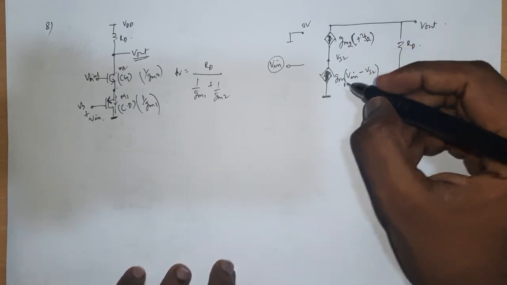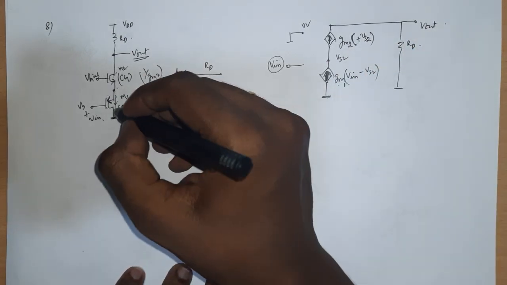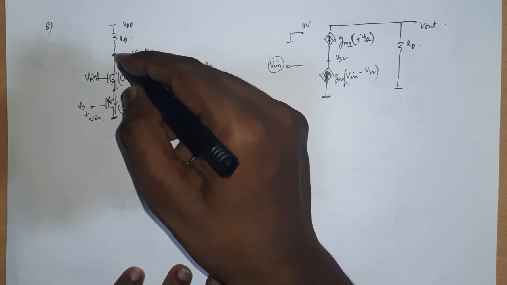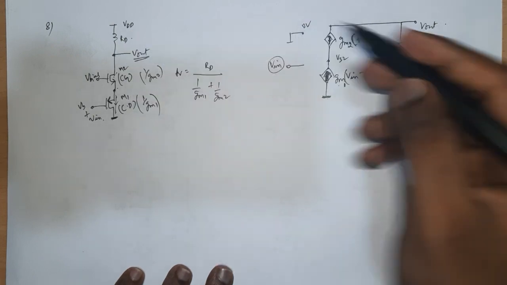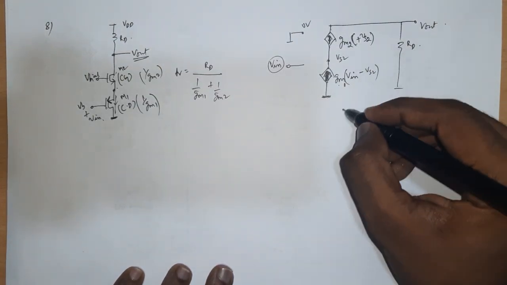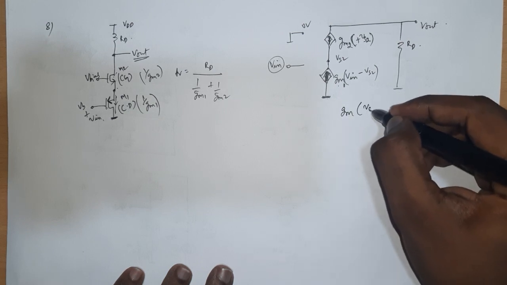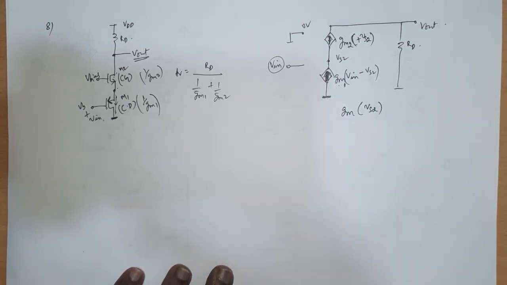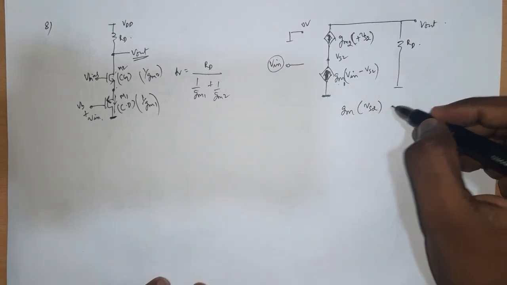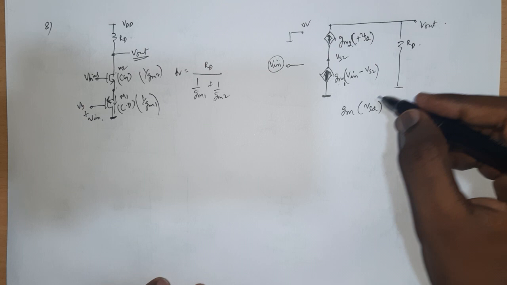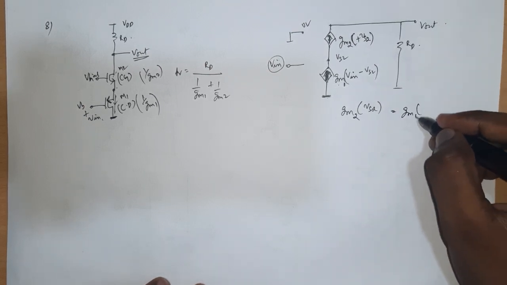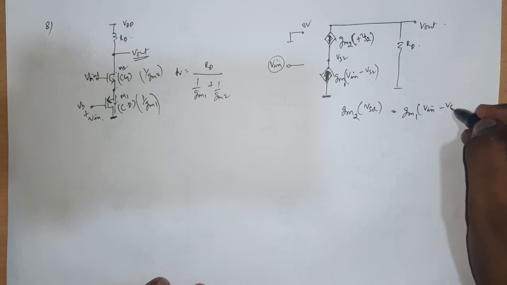Whatever current you have here is the same current that is flowing in this direction also. Whatever current is coming in this transistor is the current that is flowing in this transistor, which is the current that is flowing into the RD, right? There is nothing that is different. So gm2 times VS2 is equal to gm1 times Vin minus VS2.